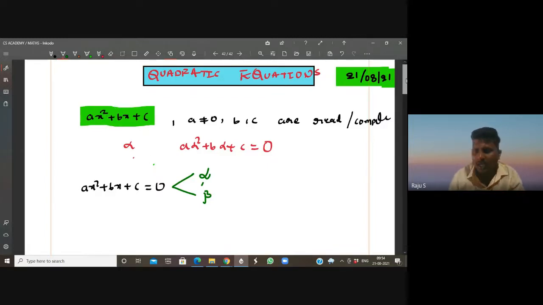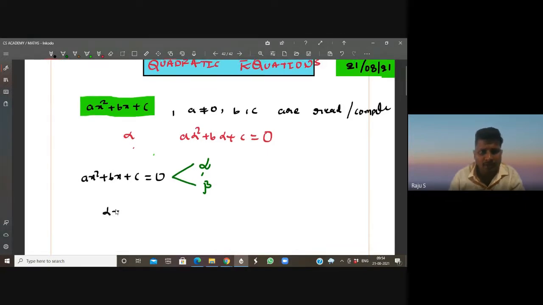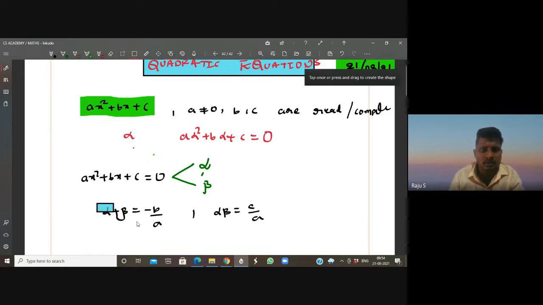Since we know that alpha plus beta, the sum of the roots, is minus b by a, and the product of the roots is c by a. Am I right, students?